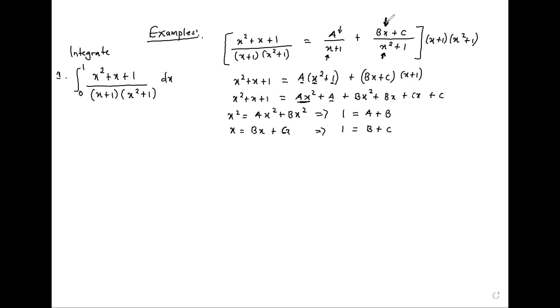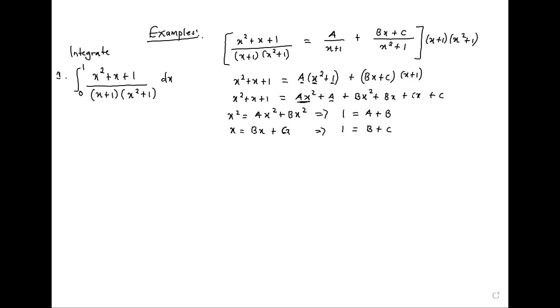And if there's an x, then there must be a constant. That's why we initiated the Bx plus C there. Take note of that every time you're dealing with partial fractions of this kind. Okay.